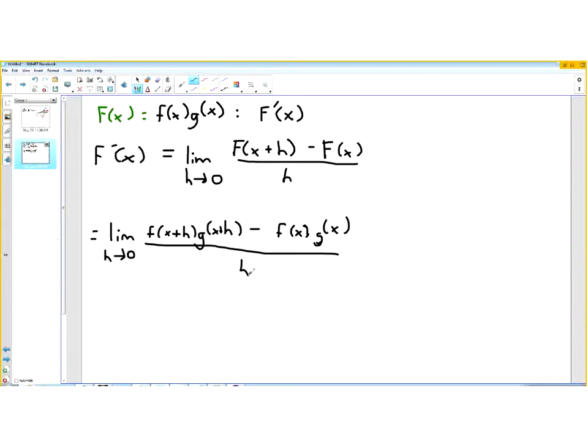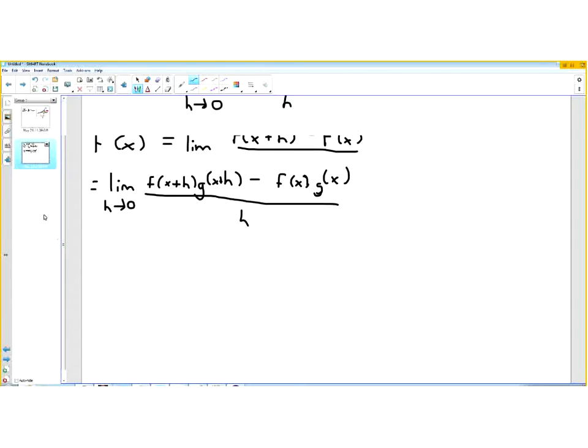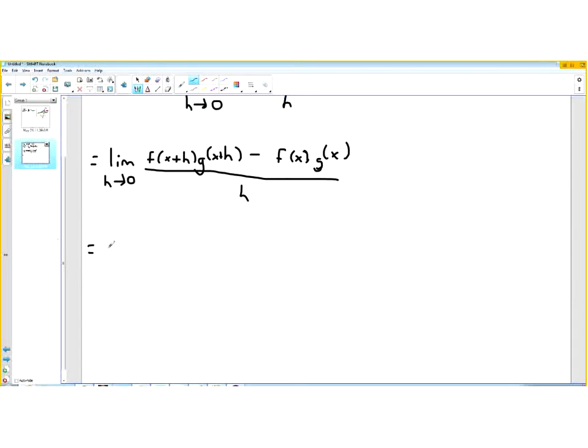Okay, so the way I would propose to simplify it is with an algebraic trick. The objective is to transform the numerator into something that looks like the definition of a derivative.